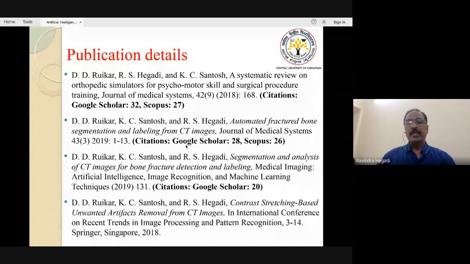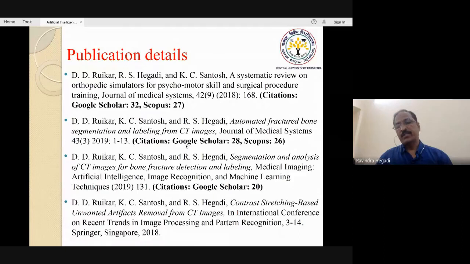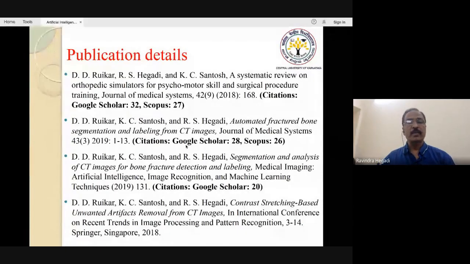And then the extension, the current work that I have presented, is automated fracture bone segmentation and labeling from CT images. This is also published in the Journal of Medical Systems, and I have prepared my presentation based on it. Then we have published one on segmentation analysis of CT images for bone fracture detection and labeling, which is a book chapter.